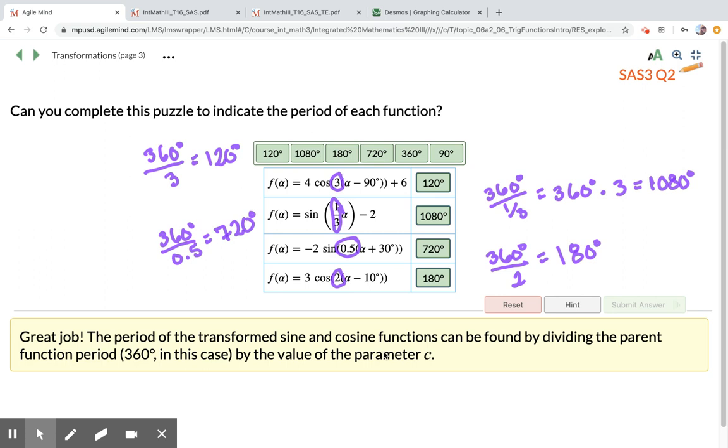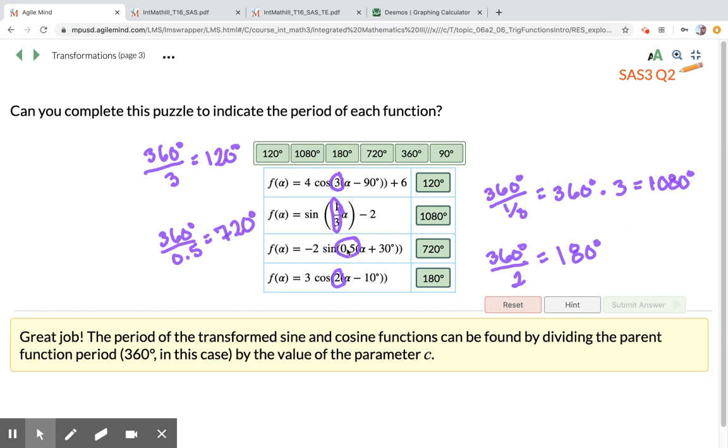So this actually wasn't that bad. It does mean, though, that the period for all of these have changed. Like last lesson, it repeats itself every 360 degrees. But these functions don't do that. This function is going to repeat itself every 120 degrees. This function got way stretched out. It's going to repeat itself every 1080 degrees.